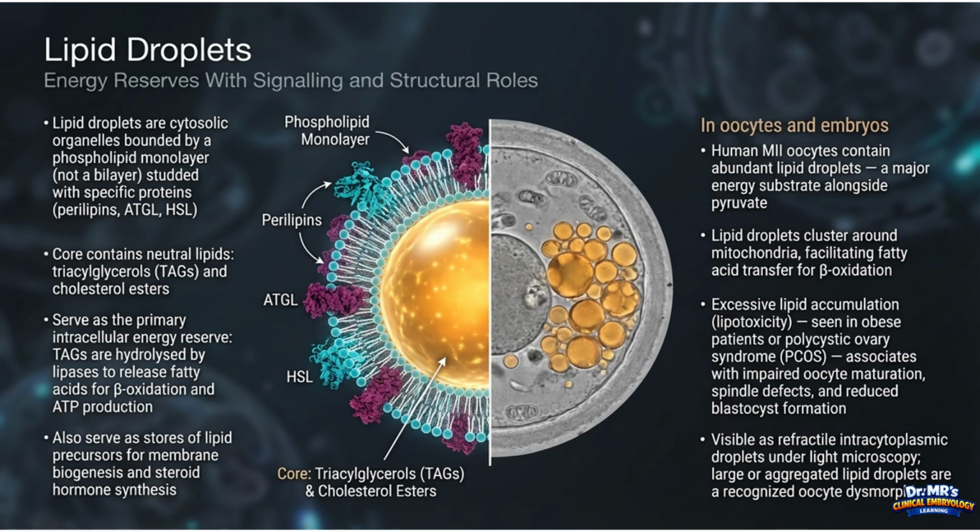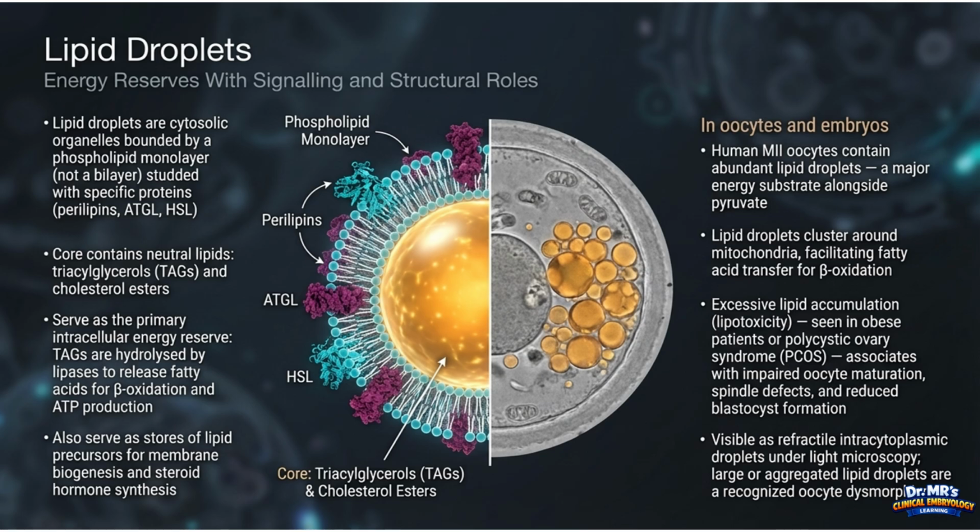Lipid droplets are also important stores of lipid precursors for membrane biogenesis. As the embryo undergoes repeated cleavage divisions, and generates an increasing number of cells, each new cell membrane must be assembled, and the lipid reserves in droplets provide the raw material. In the human metaphase 2 oocyte, lipid droplets are abundant and physiologically normal.